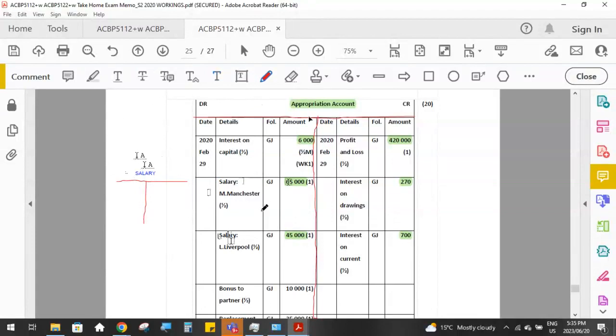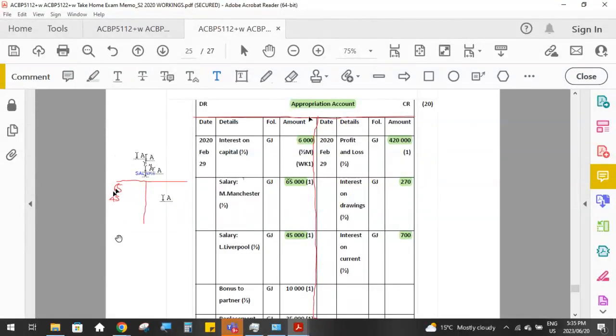Each time salaries were paid, we would have debited the salaries account, so 65, and we would have debited the salaries account with Mr. Liverpool's 45, and we would have credited the bank account. Debit salaries account, credit bank.